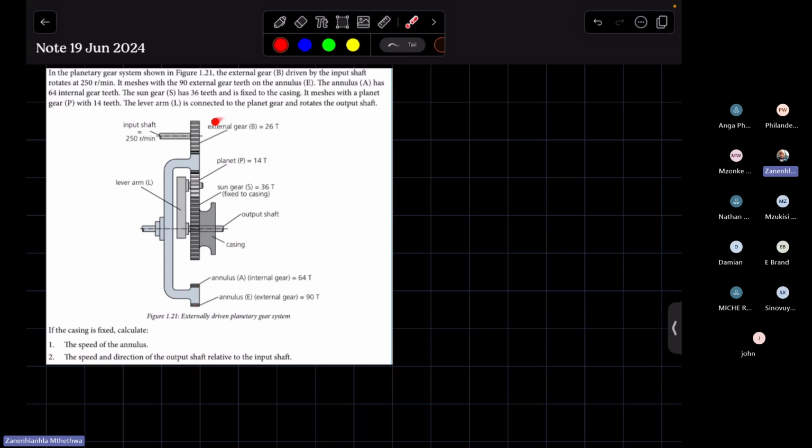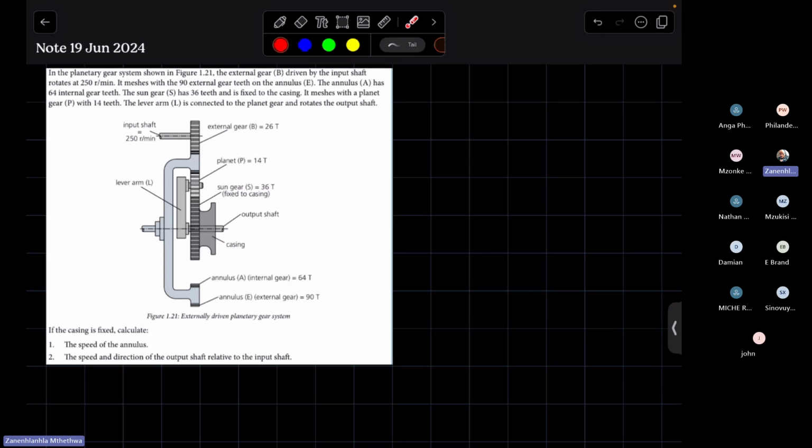So essentially, the external gear is meshing with the annulus, using the annulus's gear E or external gear teeth, which is the 90 teeth. So you would use this relationship between the 2 meshing gears to calculate what? To calculate the rotational frequency of the annulus. And that rotational frequency of the annulus, you would then use as one of your assumptions in your third condition.